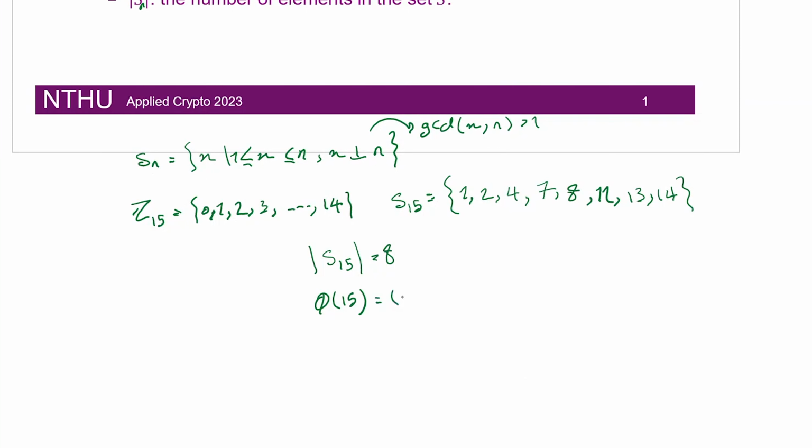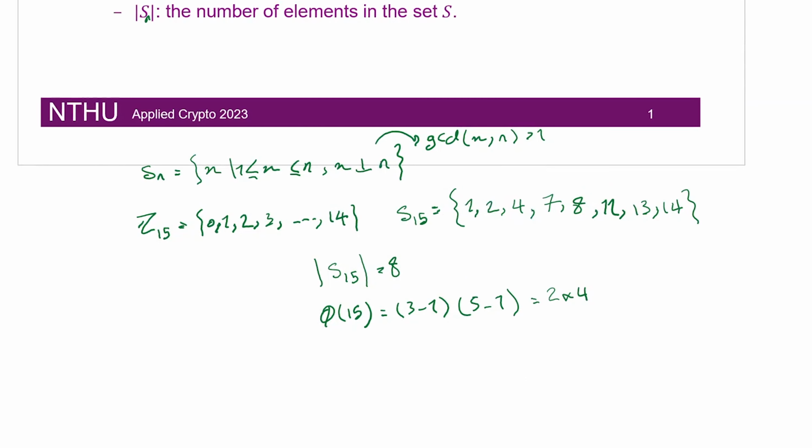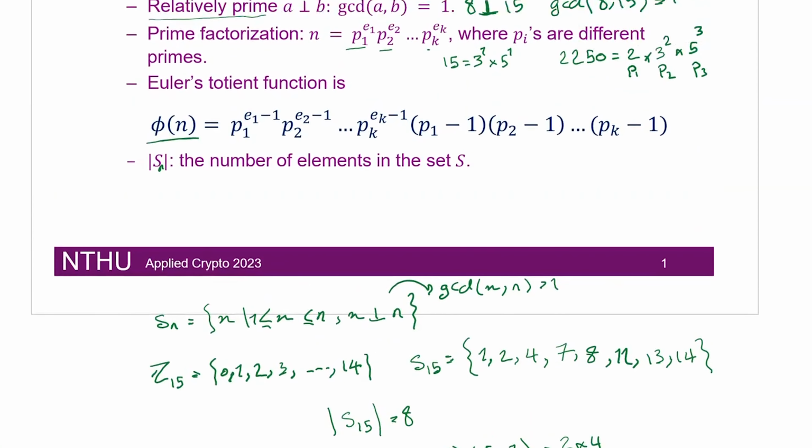So according to this definition, it is going to be 3 minus 1 times 5 minus 1, right? So this is going to be 2 times 4, exactly the 8 value that I was looking for. So you see this phi n, I've used it in RSA. Now you understand what phi n means. It simply says how many elements are in the set that are co-prime to this number.